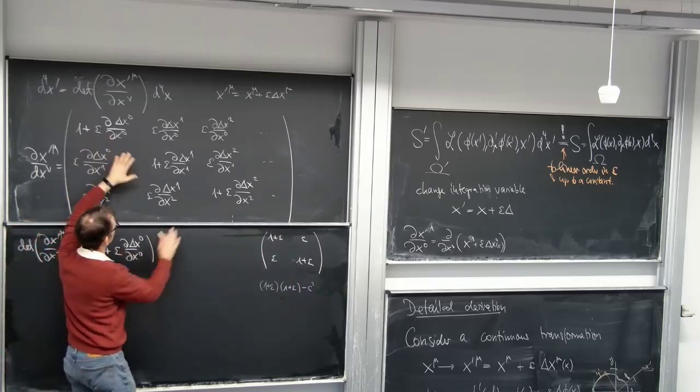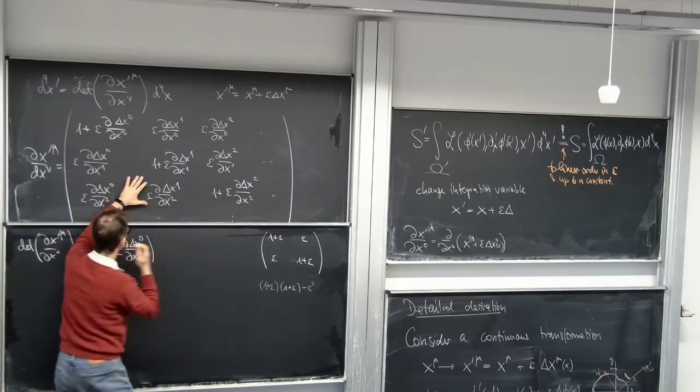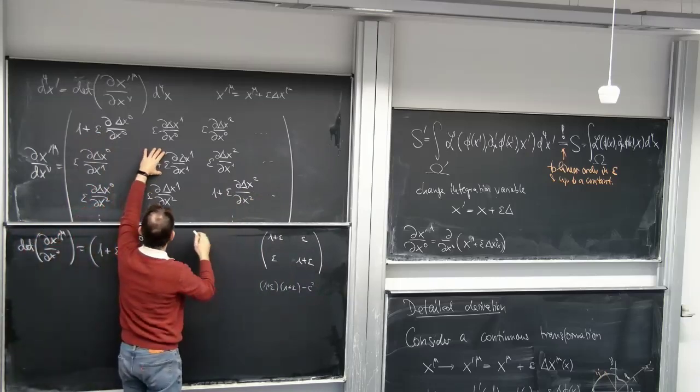That's the first term. Then the determinant of this is okay also to the linear order because of the 1 in here. So I'm expanding with respect to this.